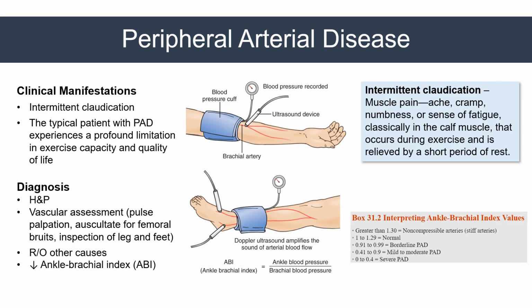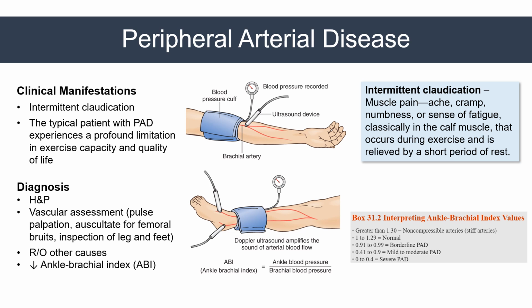Clinical manifestations of peripheral artery disease. A patient may have a subjective complaint, describing pain when they exercise, meaning maybe they're taking a walk or a jog, and they start to feel a cramping, a muscle ache pain in their calf. This is a classic sign of peripheral artery disease.